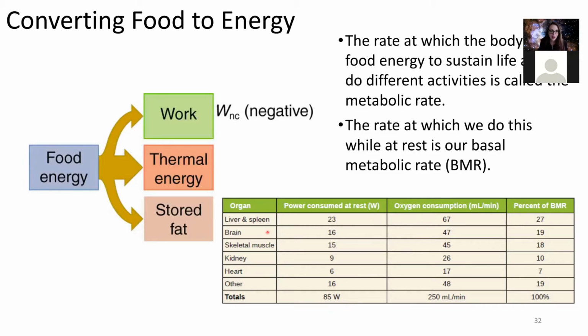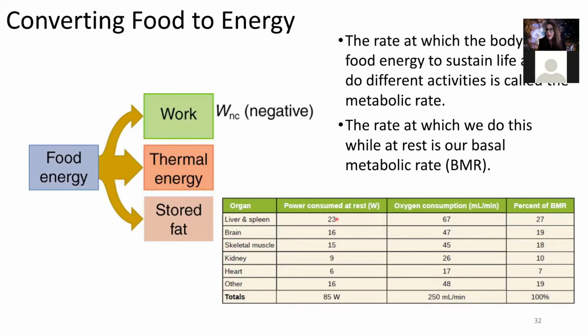This is a chart from your textbook. So our body takes food energy and it converts it into the work that we do to move ourselves around during the day. It converts it into thermal energy to keep us warm, and it converts it into, well, stored fat. We got to store some of that in case of the future. Okay, so here's a chart that shows the power consumed by different body parts just by us sitting at rest.